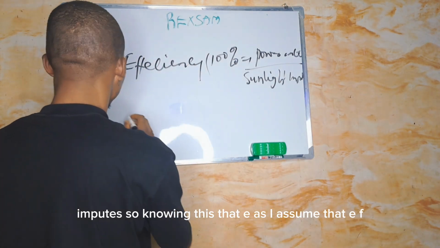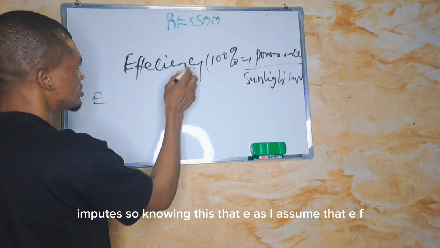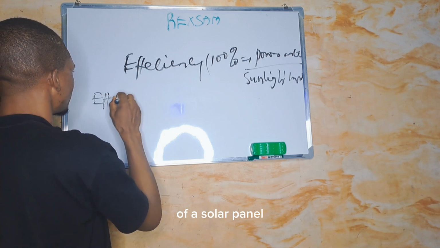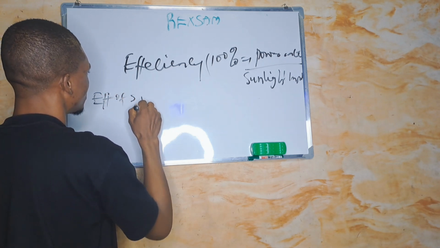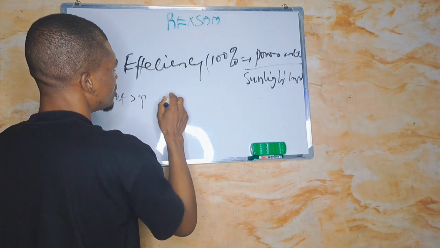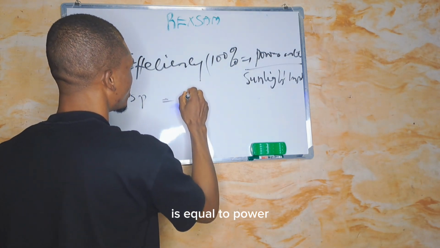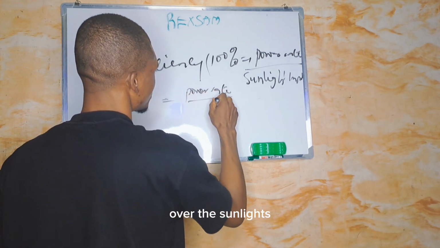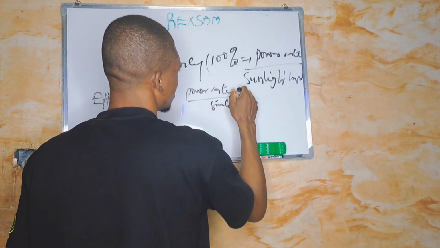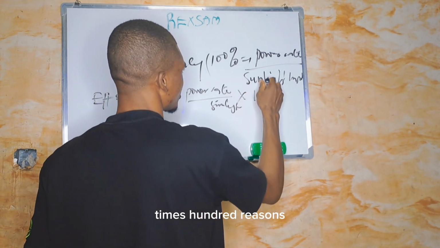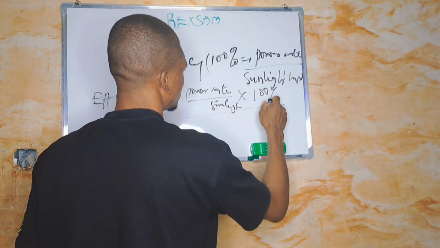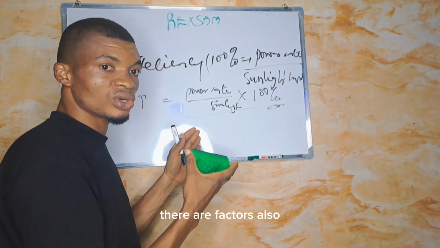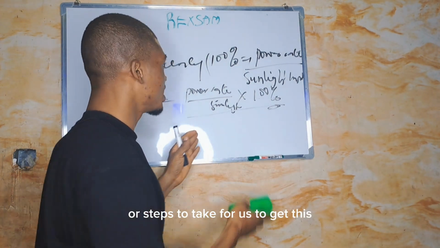So knowing this, let's assume that the efficiency of a solar panel is equal to power rating over the sunlight input times 100%. So in doing these calculations, there are factors also, or steps to take for us to get this.